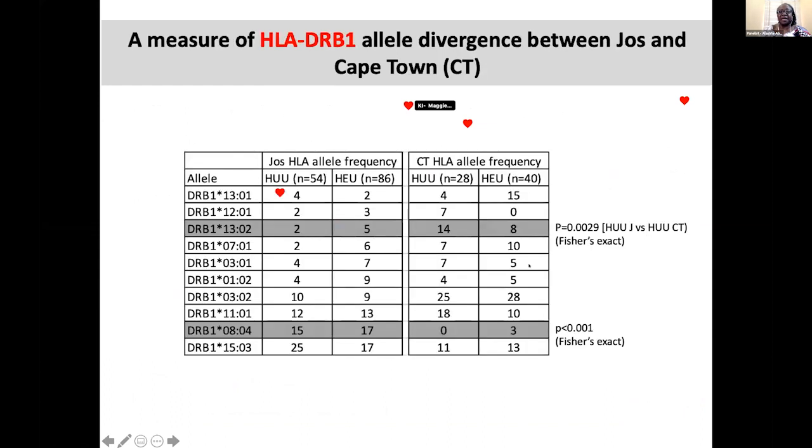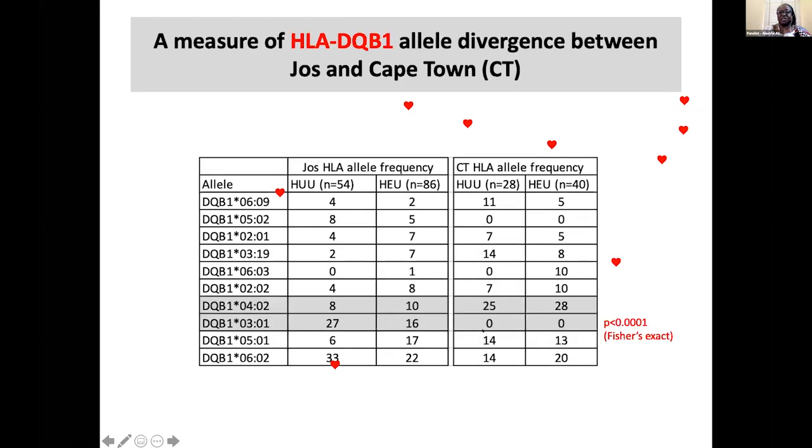So to summarize our HLA, this table shows clearly the differences in alleles between the Nigerian cohort and the South African, and most of it is really very significant. Like I mentioned earlier, there are some alleles at high frequency in Nigeria that are hardly found in South Africa.